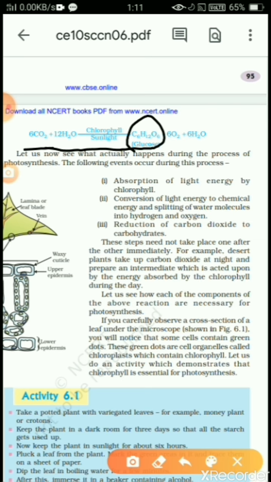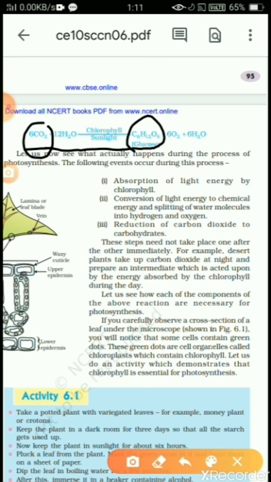As in the last chapter we discussed that reduction is the process of addition of hydrogen. So you see that the CO2 molecule is added by hydrogen and it forms glucose. CO2 is converted or reduced into carbohydrate, that is glucose.